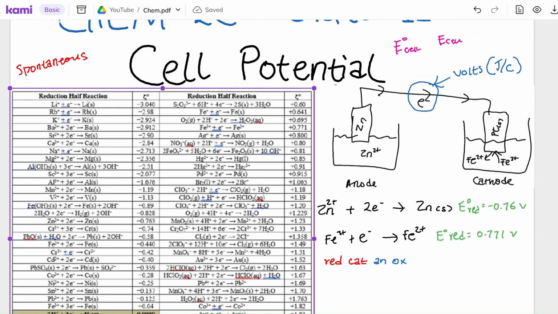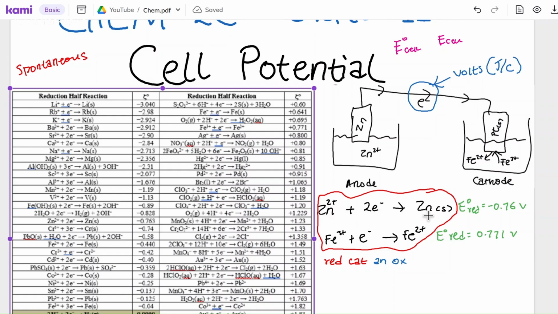Let's say these two reactions are in a galvanic cell: zinc 2 plus being reduced to zinc, and Fe3 plus being reduced to Fe2 plus. So these make a galvanic cell. I'm going to show you what it looks like later on in this video, a full cell reaction. Each of them individually is a half reaction, and when they come together, that's a full reaction.